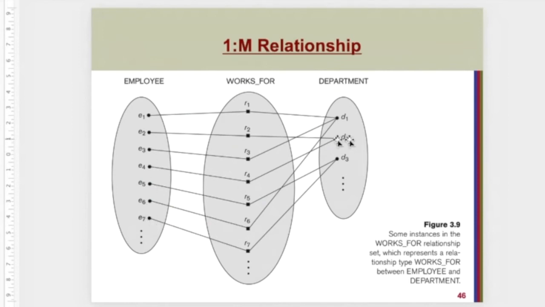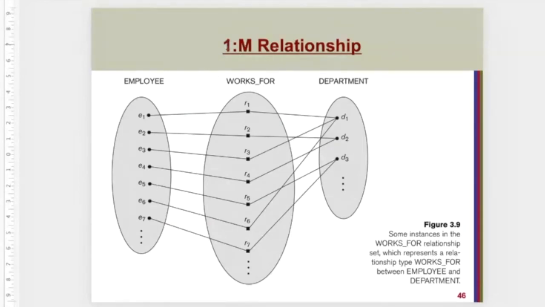Similarly, D2 is related to E2 and E4. So one from here and more than one from here. More than one means it can be two. In some cases it can be two, in some cases three, in some cases four. So it means more than one. More than one can be any number. We will represent that with M. M for many. Okay, so that was 1 to M.